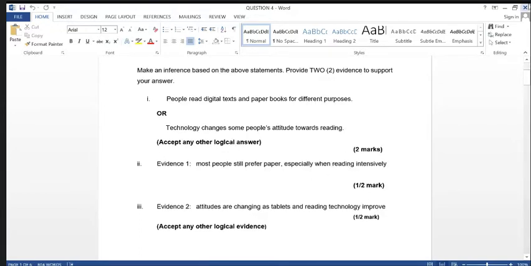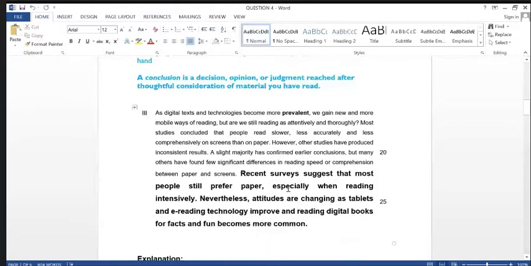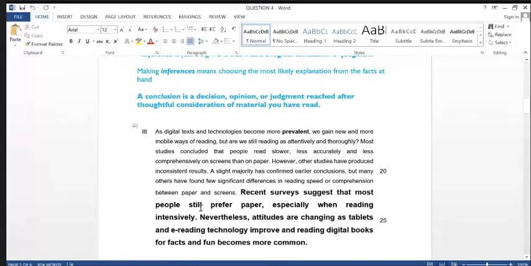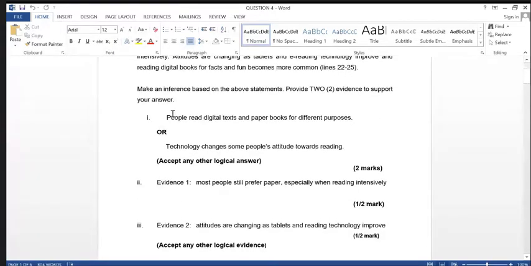Now, evidence. What evidence do I use? If you look at the original text, recent surveys suggest that most people still prefer paper. This is the text. And my evidence one: most people still prefer paper when reading intensively. This is my evidence to support this.